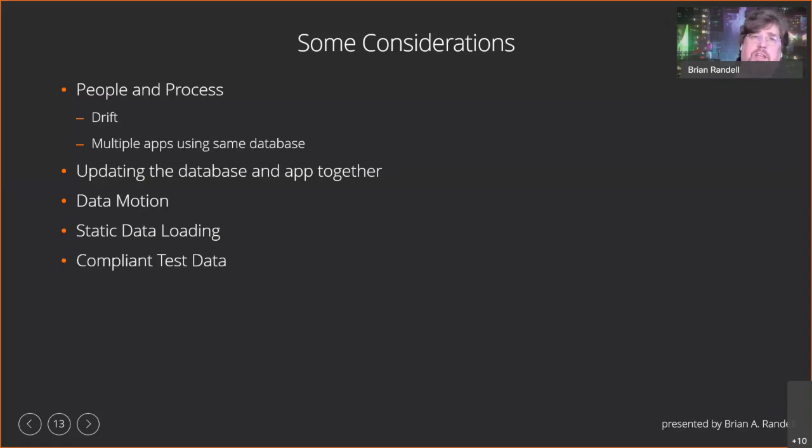And the last thing that really needs to be considered, as we get into testing the changes to our database, is having good compliant test data. One of the mistakes that I see a lot is developers being given access to data out of production. If you work in a regulated industry, such as the financial sector or healthcare sector, you really put yourself and the organization in legal jeopardy by using production data that hasn't been properly made compliant for developers to work with.